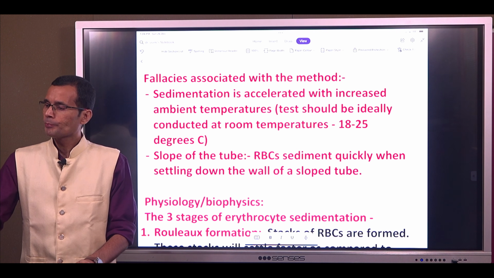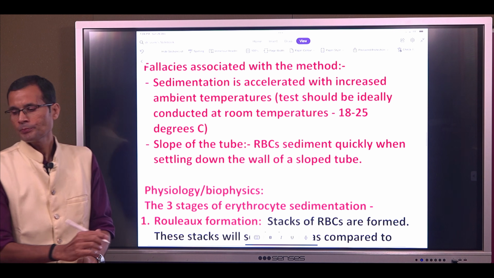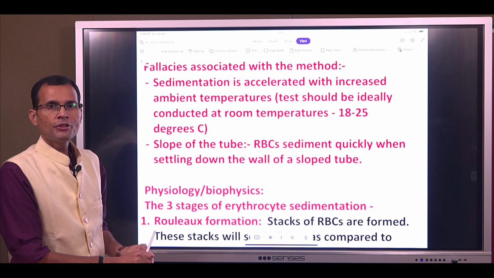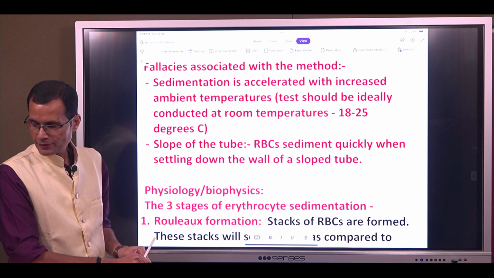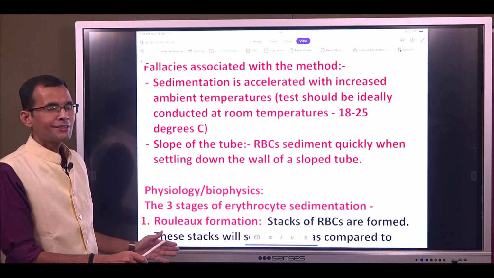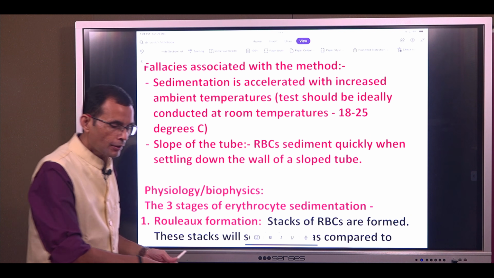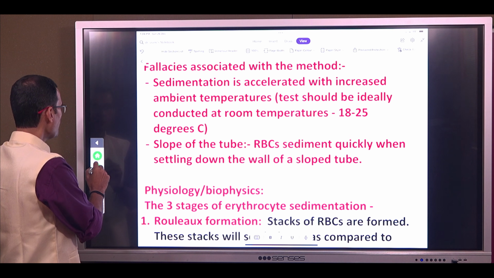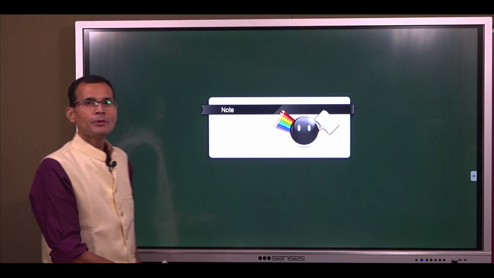But remember, if the temperature is high, the sedimentation rate will be accelerated. Slope of the tube. Yes, the tube has to be exactly vertical. Remember, if the tube is not vertical, what's going to happen?